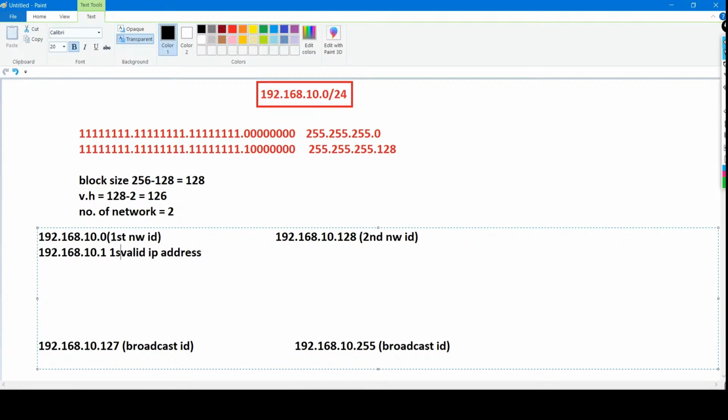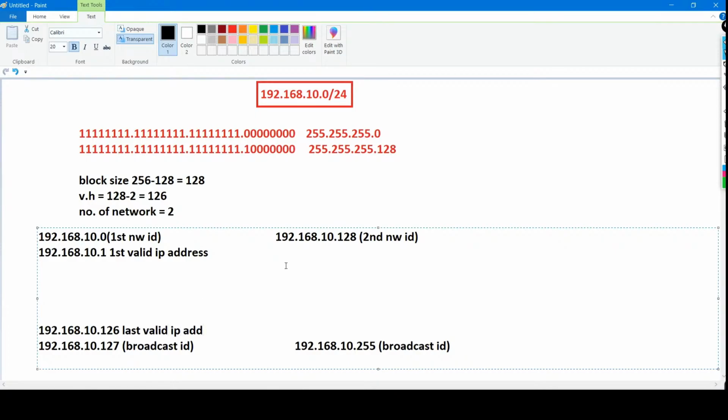What will be the last valid IP address? 192.168.10.126. This one is the last valid IP address from network 1.